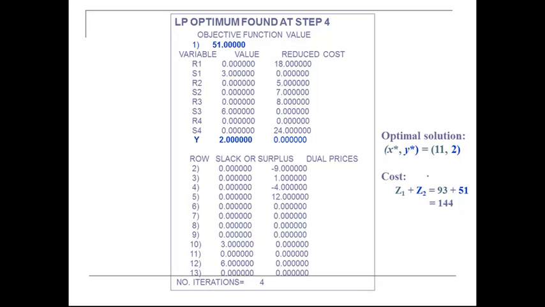So the optimal solution for this problem will be locating the facility in this coordinate, 11, 2. And that would provide you with a cost of 144. So again, we are trying to minimize that cost. So this is the optimal solution. This is the best place for you to locate the facility, based on the weights that you have provided to the model.